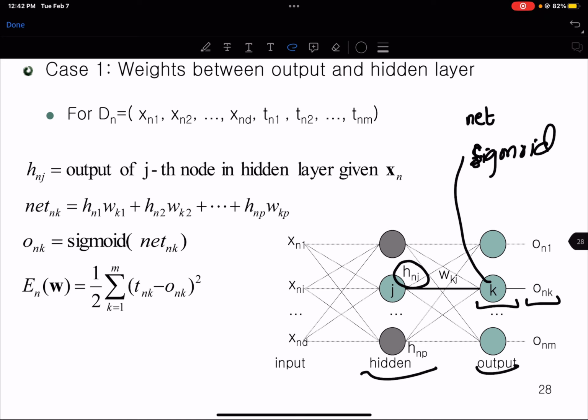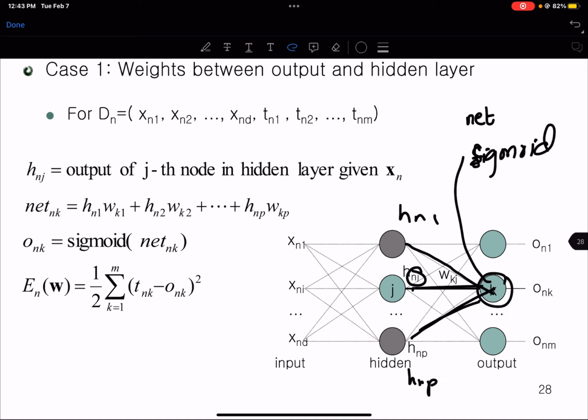It is clear that the last layer, the output layer, takes the values from the previous hidden layer. So this one for example would be h_n1, then h_n2, finally we have h_np, that are all going into your node k at the output layer.